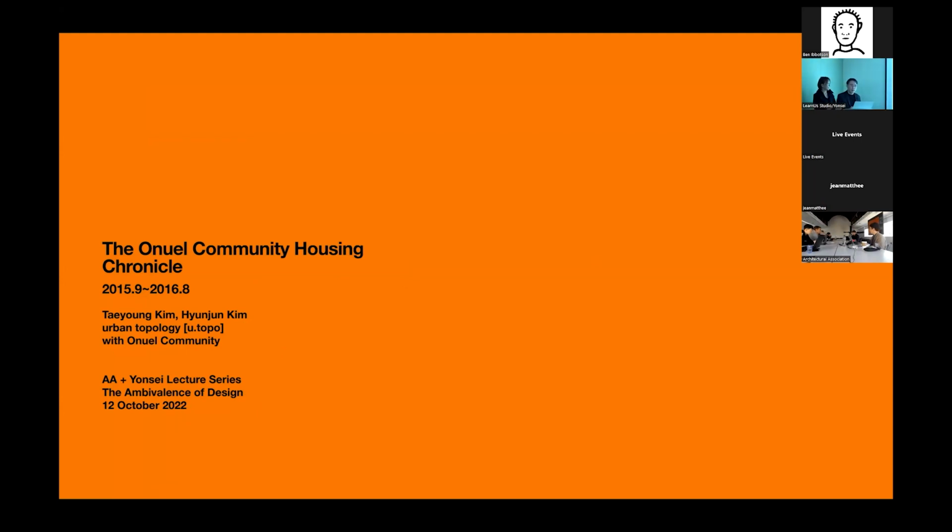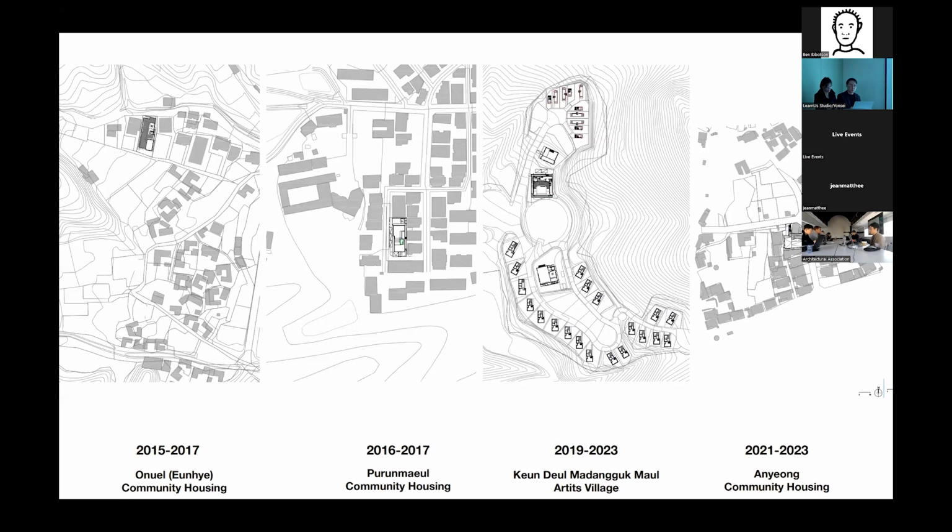Okay. These are the community housing projects we've done over the past 7 years. We had 4 projects. Some are built and some are under construction now. We feel very lucky to have met amazing people, amazing communities, and amazing clients.